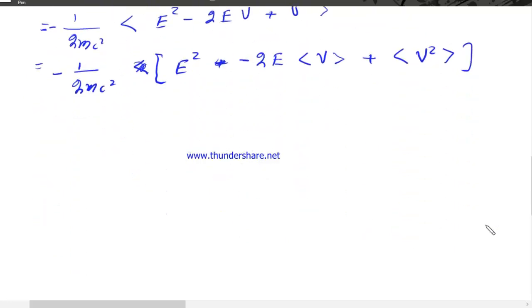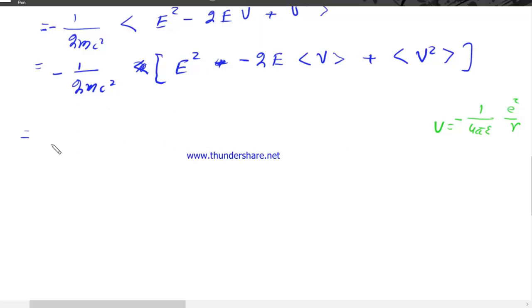Here we put the value of v, the Coulombic potential, as 1 over 4 pi epsilon naught e square divided by r. This is the Coulombic potential, and here E is a constant.